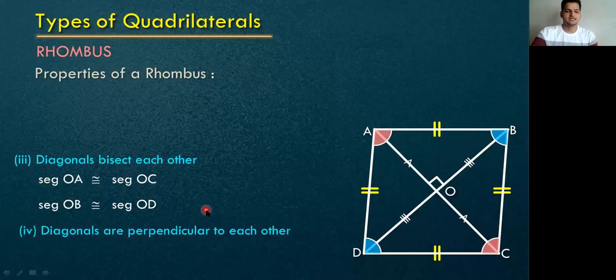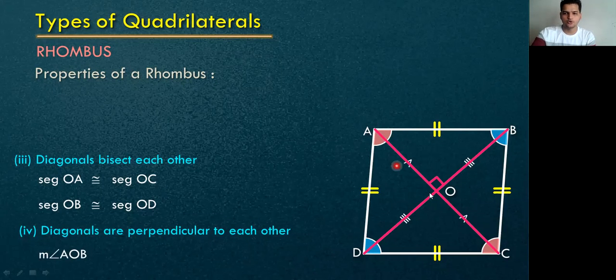Now, these diagonals are bisecting each other, but they are having an angle of 90 degree. So you have to remember this fourth property, that diagonals are perpendicular to each other. So we can say that these angles which are formed with respect to O will be 90 degree. Let us name them one by one, okay? With me. Angle AOB.